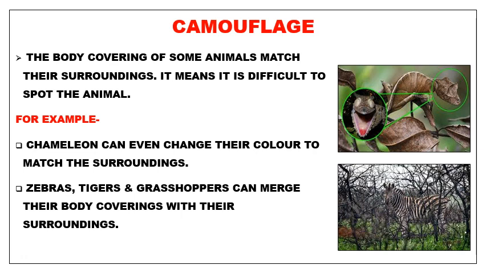Now, some animals like chameleon can even change their color to match the surroundings, while some other animals like zebras, tigers, and grasshoppers can merge their body covering with their surroundings. And this property is called camouflage.